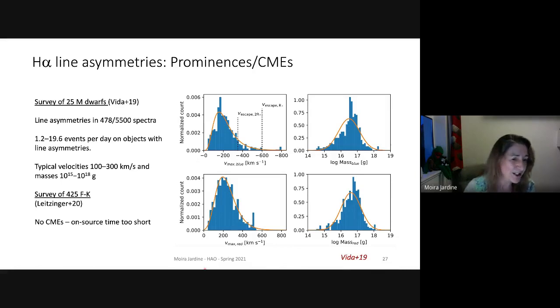There was another study of slightly higher mass stars, 425 F to K stars, by Leitzinger et al. They didn't see any equivalent coronal mass ejections, but they did comment that their observing timescales had perhaps been too short to catch coronal mass ejections.